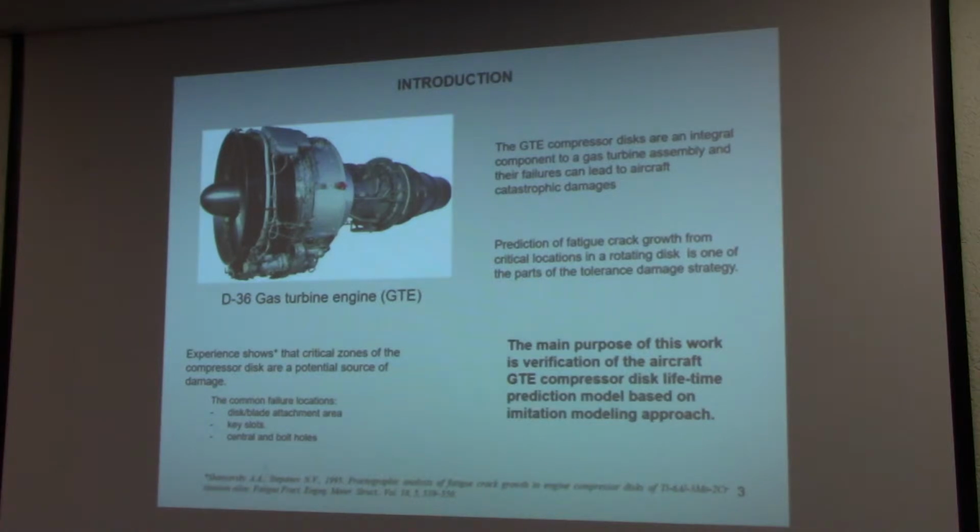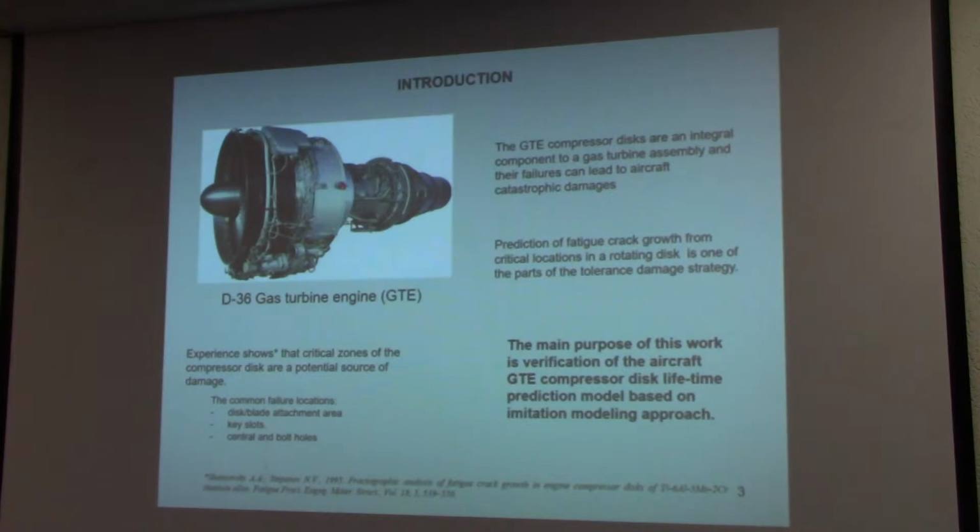The gas turbine engine compressor disc is an integral component of a gas turbine assembly, and its failure can lead to catastrophic damage to the aircraft. The most common in Russia, the D-36 gas turbine engine, you can see in this picture. Experience shows that the critical zones of the compressor disc are a potential source of damage.